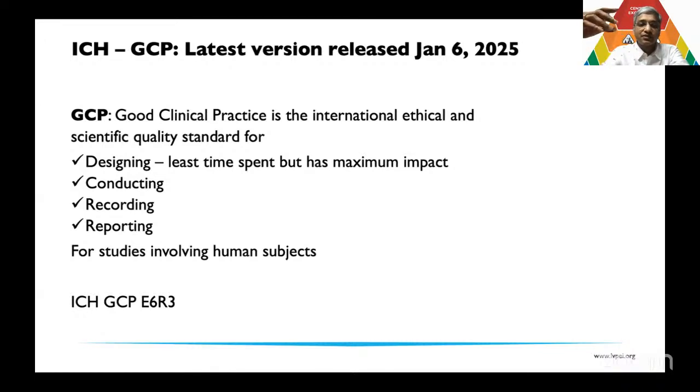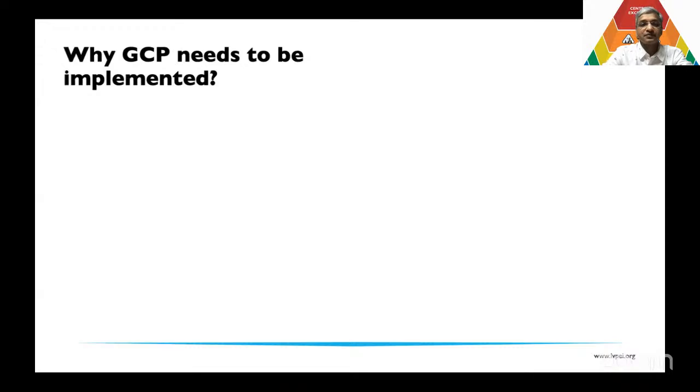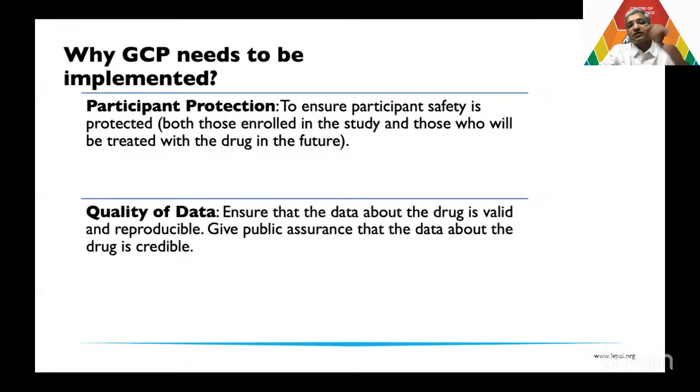So we should spend enough time in the designing stage, even the statistical analysis plan, what kind of data we want to collect, all those should be given substantial amount of time. And the main reason why the GCP, there is an ICH body which comes out with these GCP guidelines.